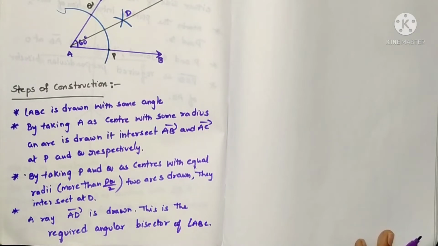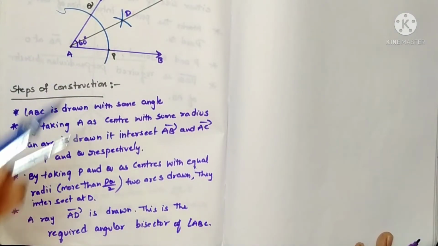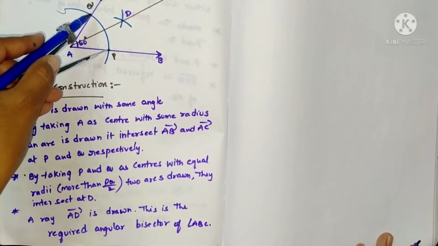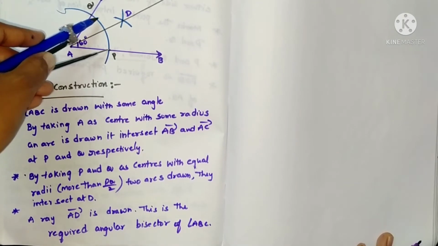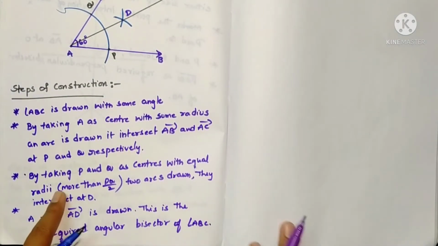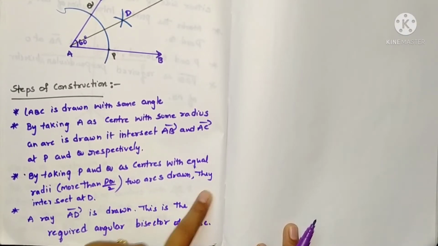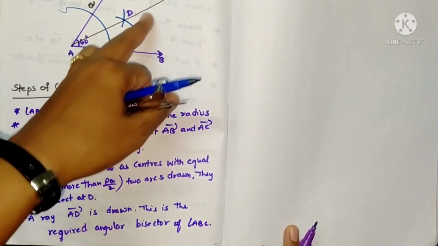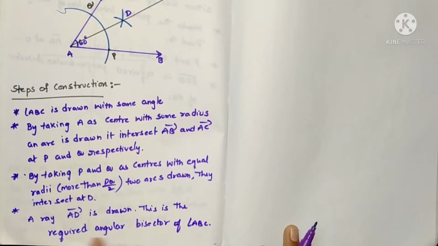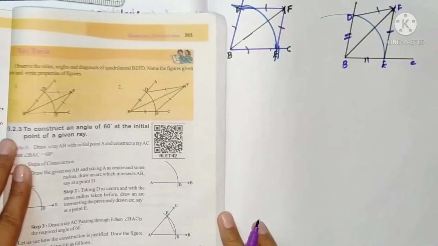Next, by taking P and Q as centers, with equal radii or more than PQ by 2, two arcs are drawn. They intersect at D. A ray AD is drawn. This is the required angular bisector of angle ABC.